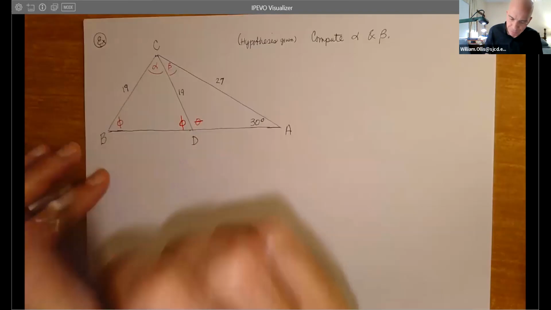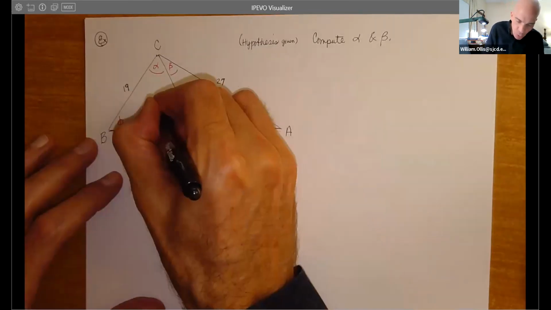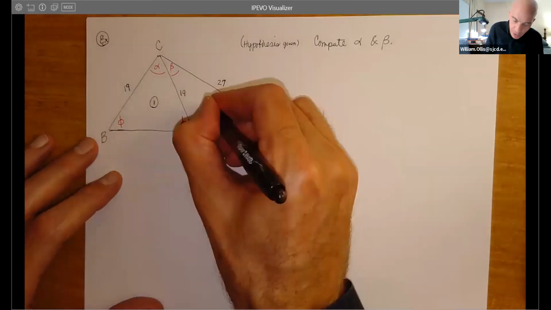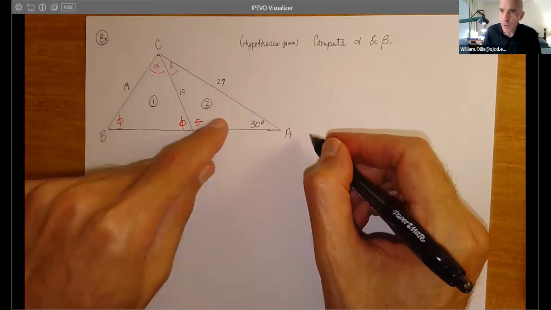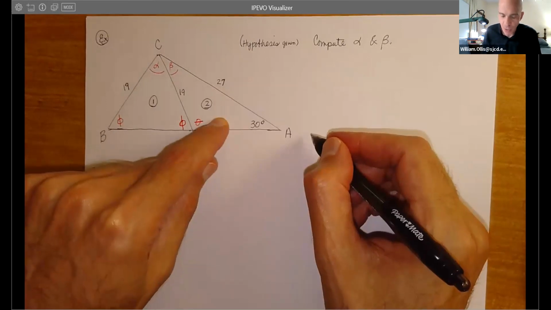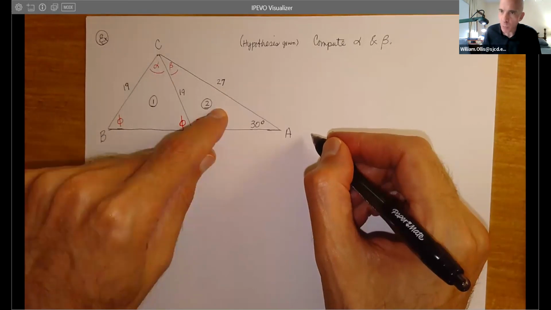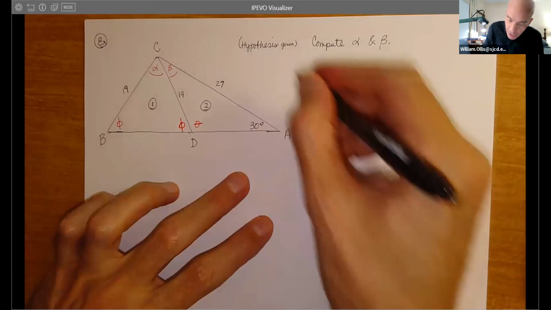So first, what we want to do is denote this as triangle 1 and this is triangle 2. Now, when I looked at this problem, I thought, well, I'm going to do 2 first, because it's easier to start here and then work backwards. There's nothing wrong with that. So I'm going to do that.